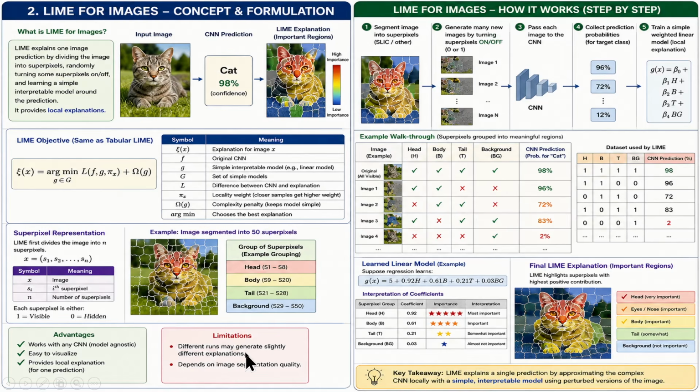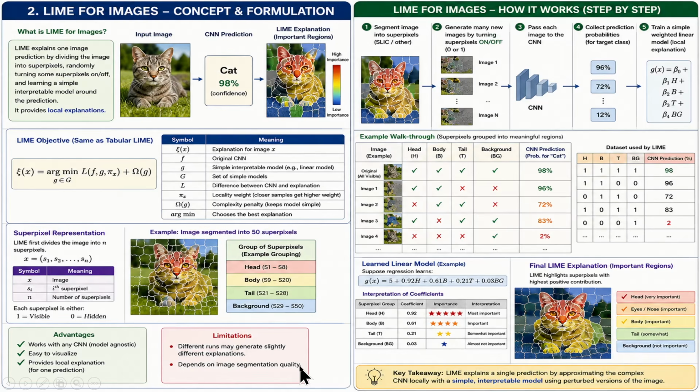When you make multiple runs of the CNN with various masked superpixels, sometimes results might be a little different. It is not mandatory that the CNN will always give us 98% accuracy, or for this one only 96. And it also depends on the image segmentation quality.